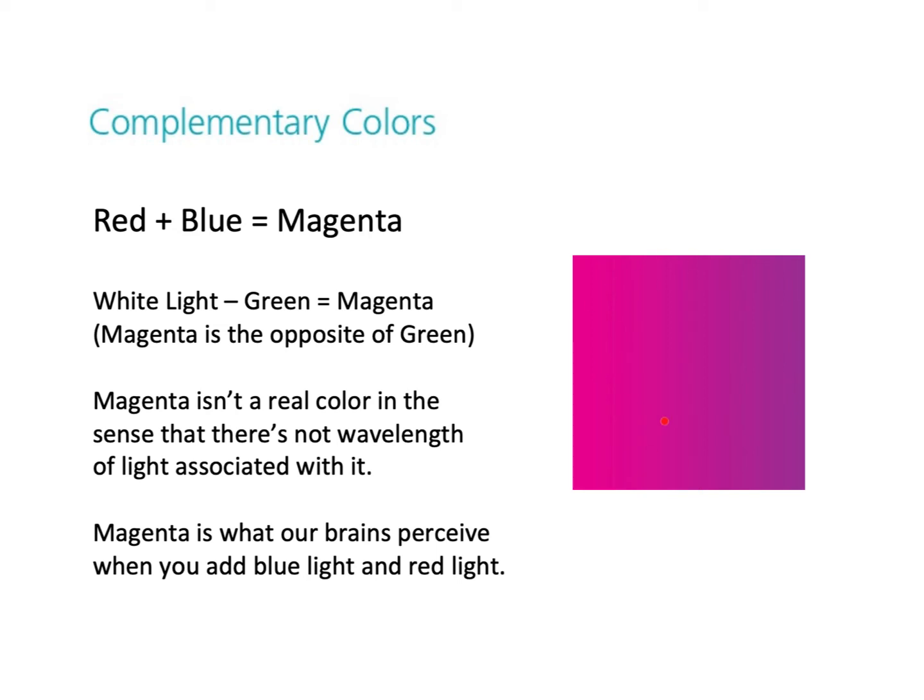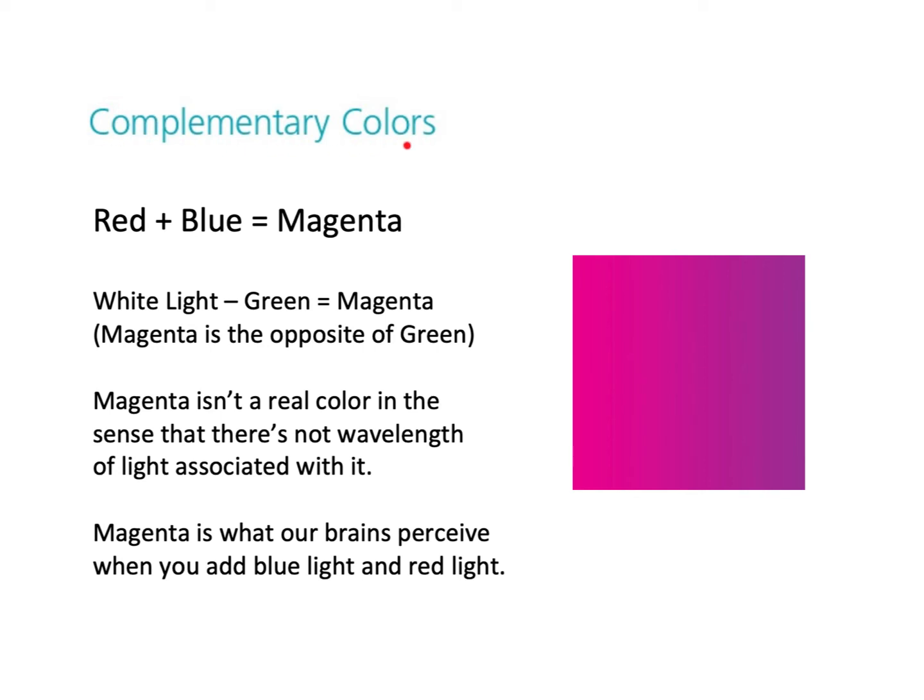These are all different shades of magenta, but they're all created by combining different amounts of red and blue light. But in a certain sense, we can say that magenta isn't a real color in the sense that there's no wavelength of light associated with it. It's just our brain interpreting different wavelengths being added together.